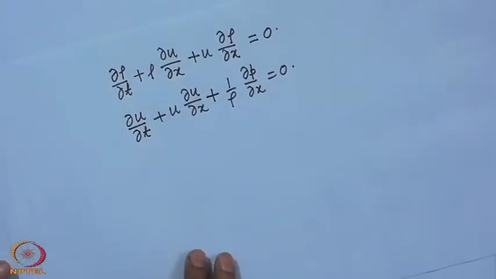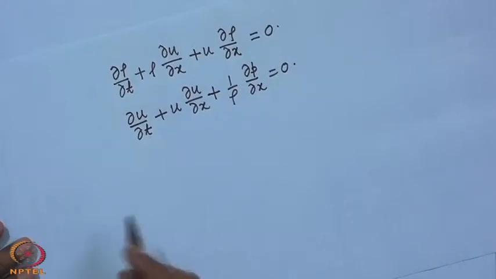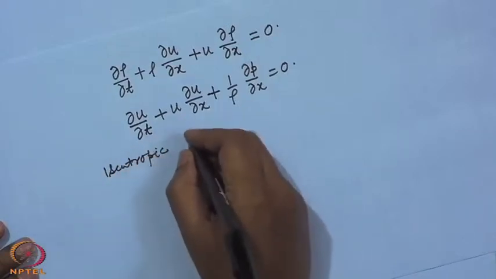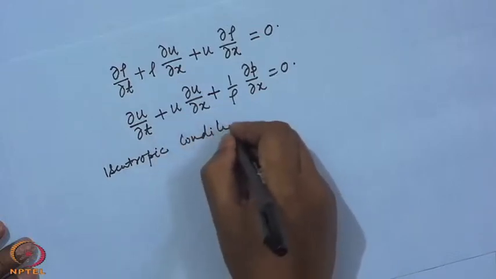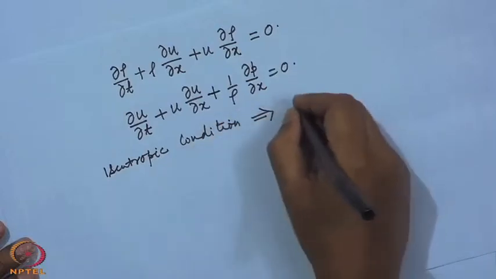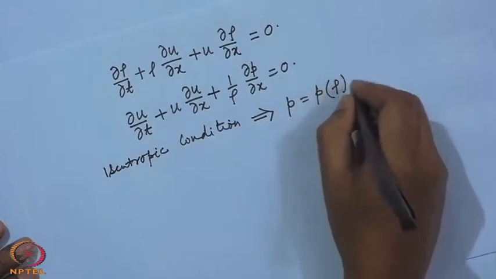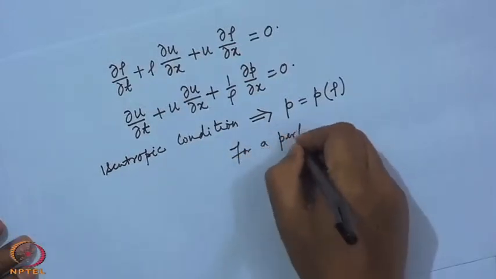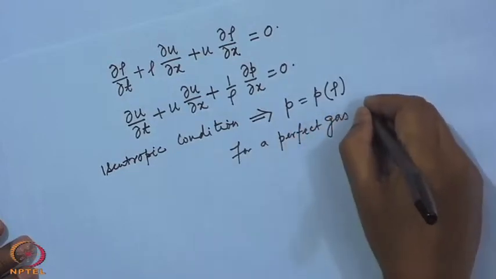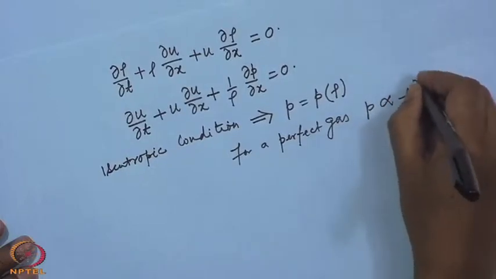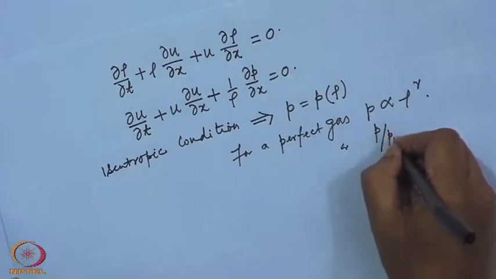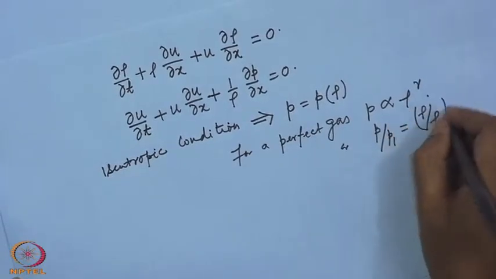The isentropic conditions exist, and as you know, in an isentropic condition, pressure is just a function of density alone, and for a perfect gas this becomes P proportional to ρ to the power γ, which we can write as P/P1 = (ρ/ρ1)^γ.